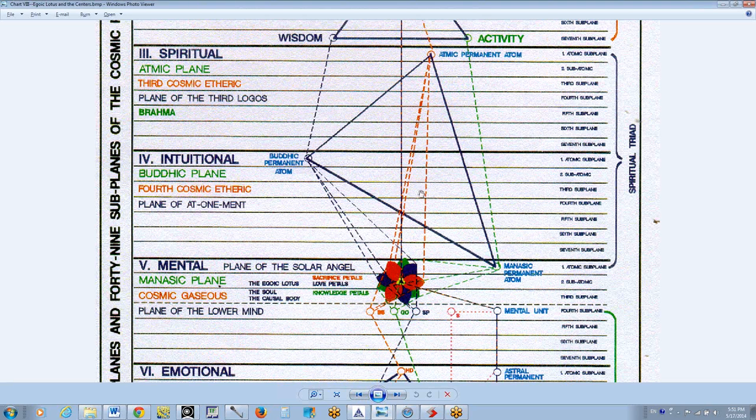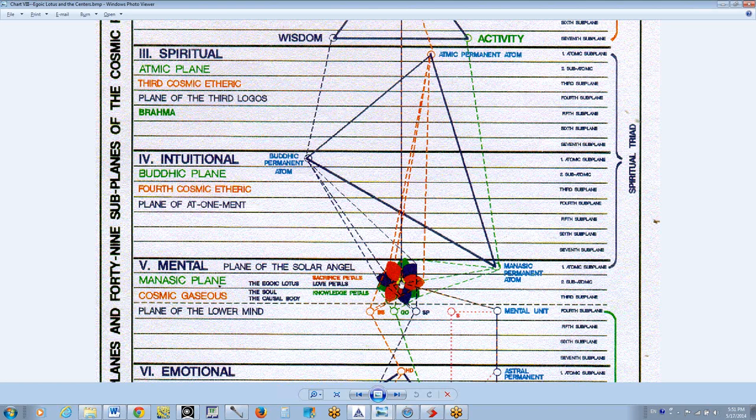Well, the line goes straight down, and we really don't see any lines coming into the lemon yellow petals there. Not really. But certainly the major line of force in the monad does stimulate them.